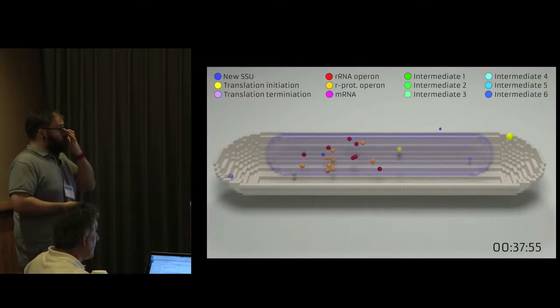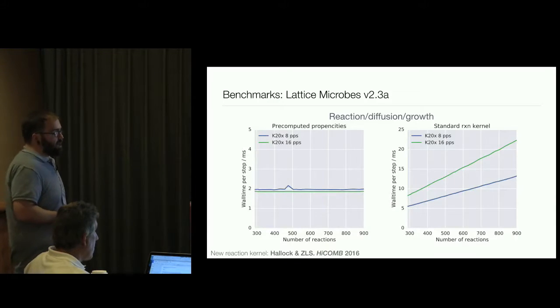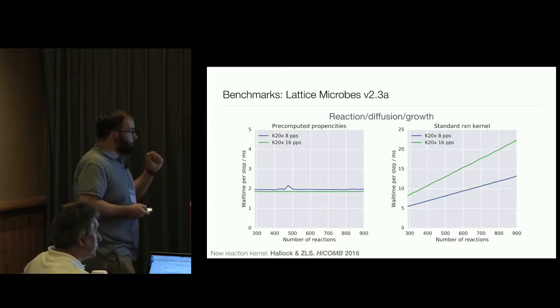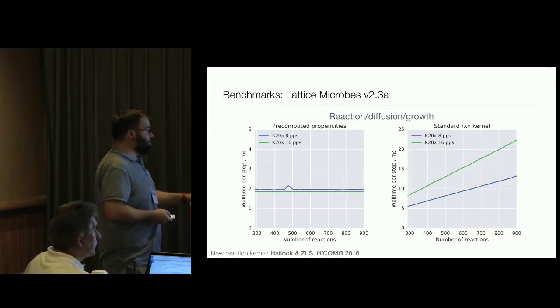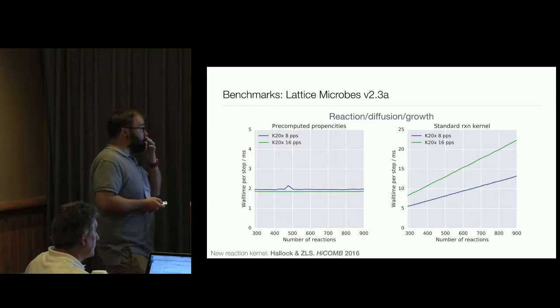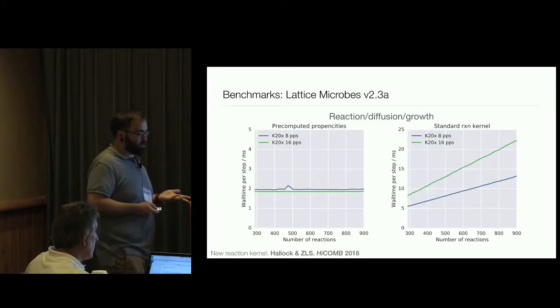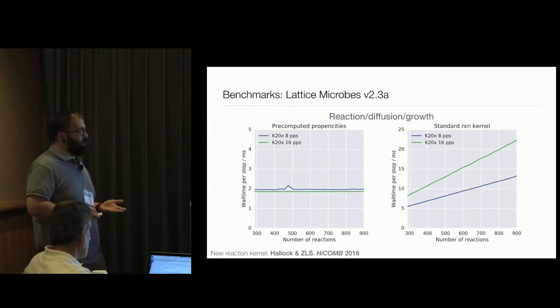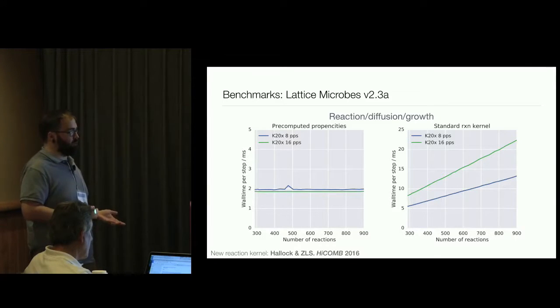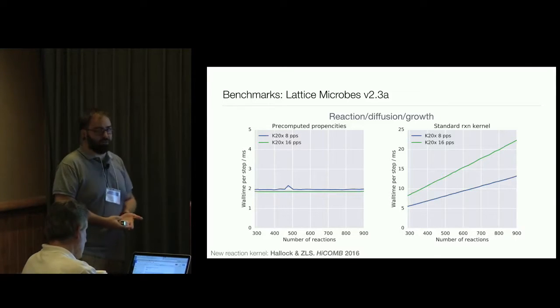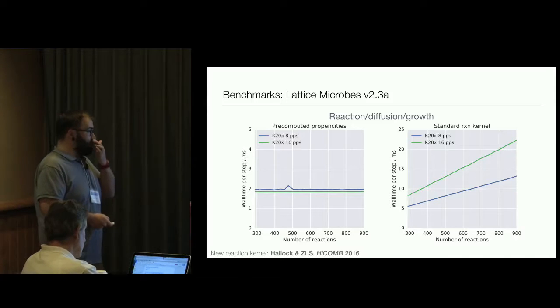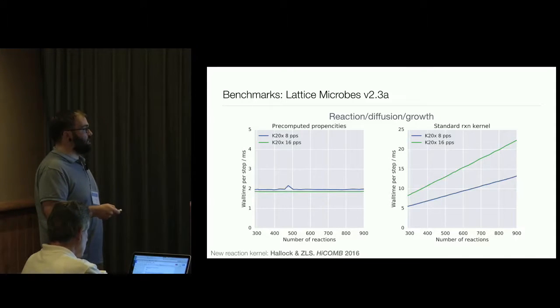Okay, so I'd like to talk a little bit about how fast this is. Prior to some work that one of my colleagues, Mike Hallock, did, these sorts of simulations were really difficult, simply because we have a large number of reactions. We have about 900 reactions when you consider all the different compartments involved. That leads to a wall time per time step of about 22 milliseconds.